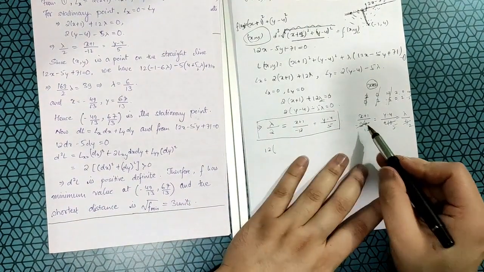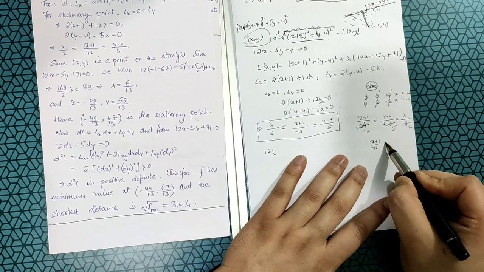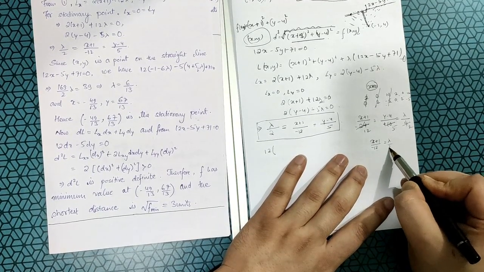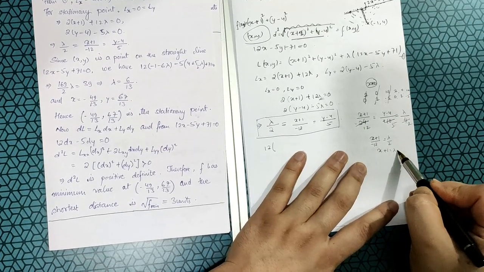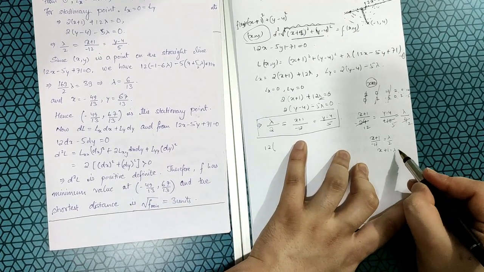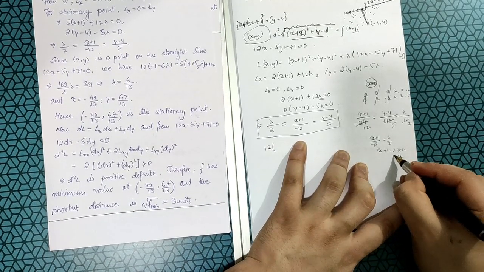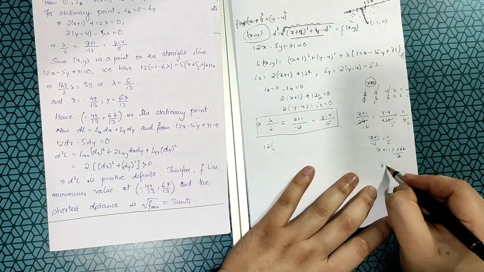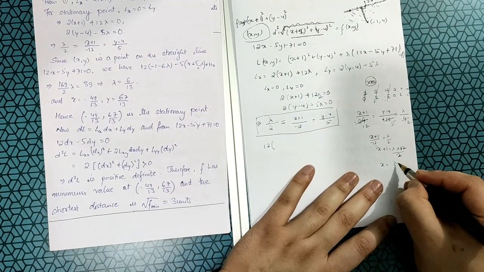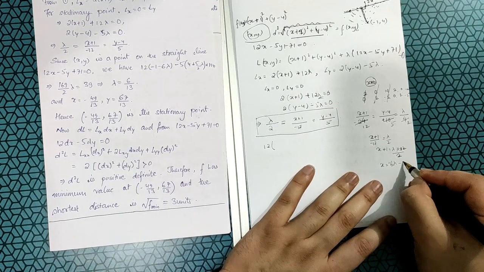So what we get is x plus 1 by minus 12 is equal to lambda by 2, right? Or x plus 1 is equal to lambda into minus 12 divided by 2, right? And again x is equal to minus 6 lambda minus 1, right?